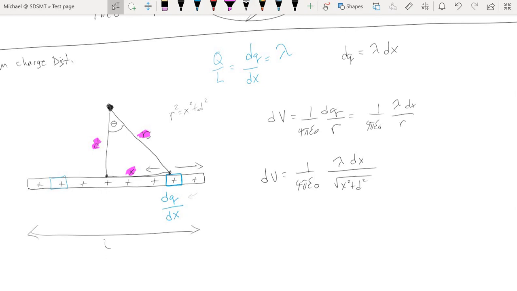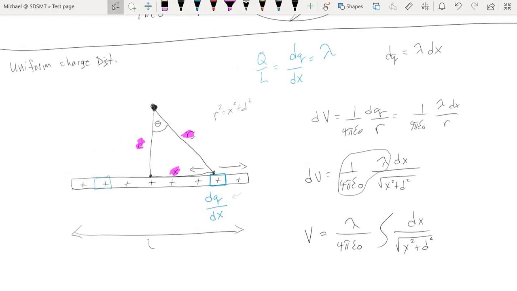So we're going to set up our integral. We'll integrate the left-hand side, and we get V. I'm going to pull all of the constants out to the front. And the only thing that actually needs to be in the integral is the dx and the root x squared plus d squared. And now we need our limits. So for the limits, we are essentially starting at the midpoint of this line.